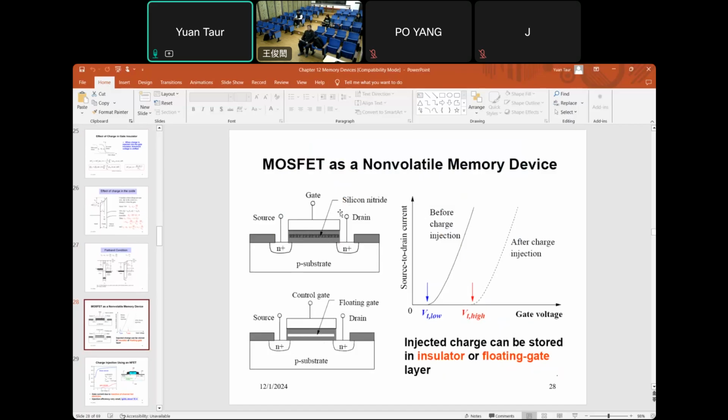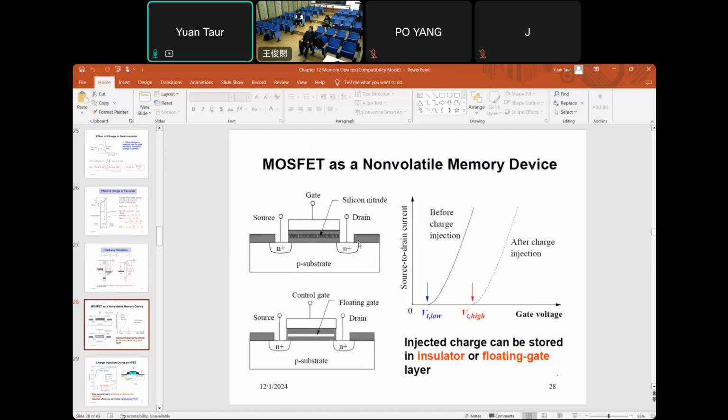Silicon nitride is used because it has a lot of charge traps, so the charge can be trapped by this layer here. Or we use a floating gate for the charge to stay there. And then there's no contact to the floating gate.